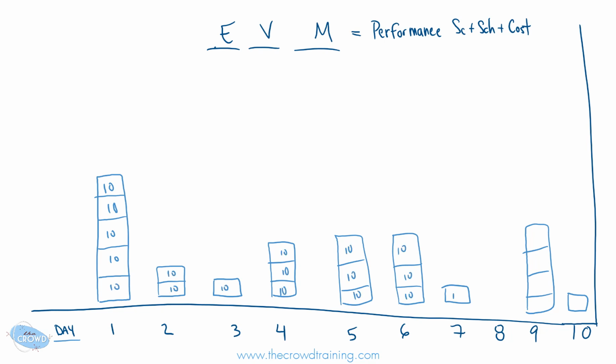I'm also placing each under the day that we expect to earn it, meaning when we expect to have that work package done. Say this number 10 right here on day 7 could actually have started way back on day 1, but we don't realize the value until day 7.